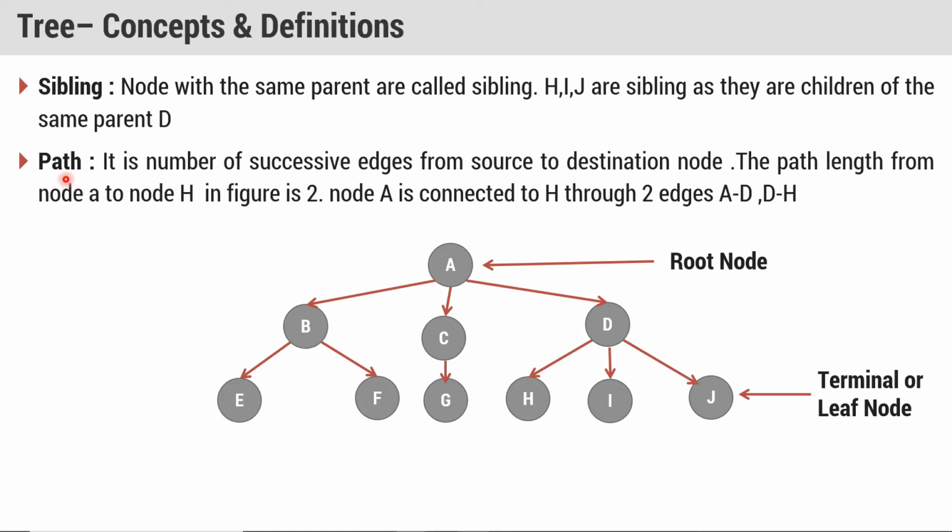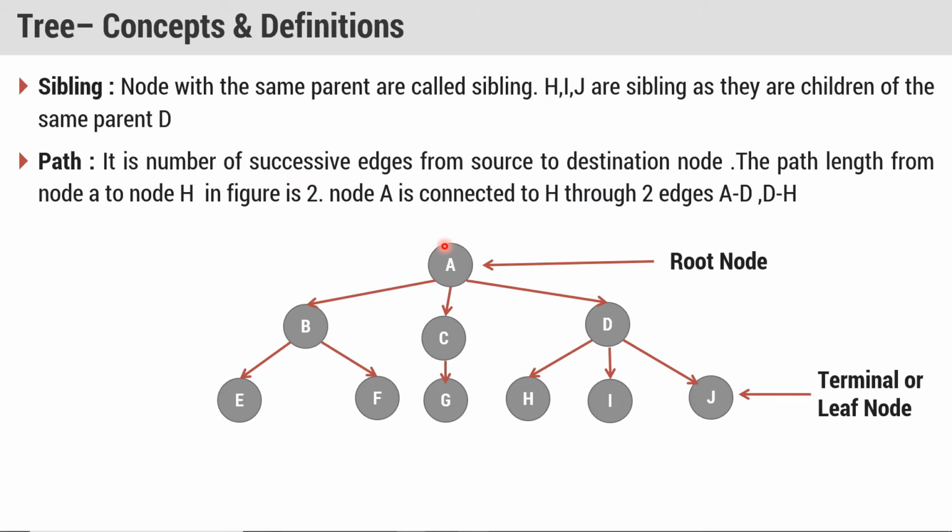The next is path. It is a number of successive edges from source to destination node. So simply, a path is a series of successive edges from source to destination.